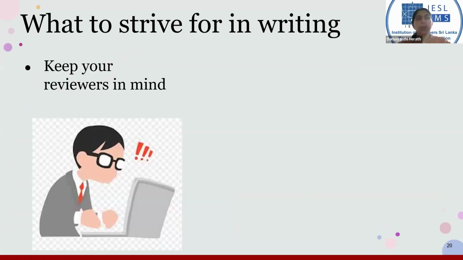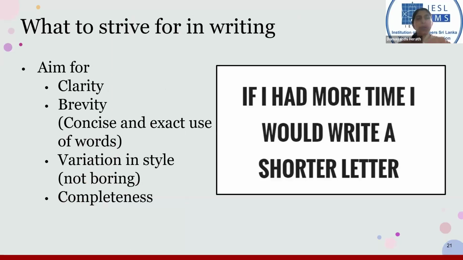As I said, there will be a separate session on scientific writing, so I will not be spending too much time on that. The rule of thumb would be to keep your readers in mind and aim for clarity, brevity, to be concise and exact with words, to not be boring, have variation in style, and to be complete.